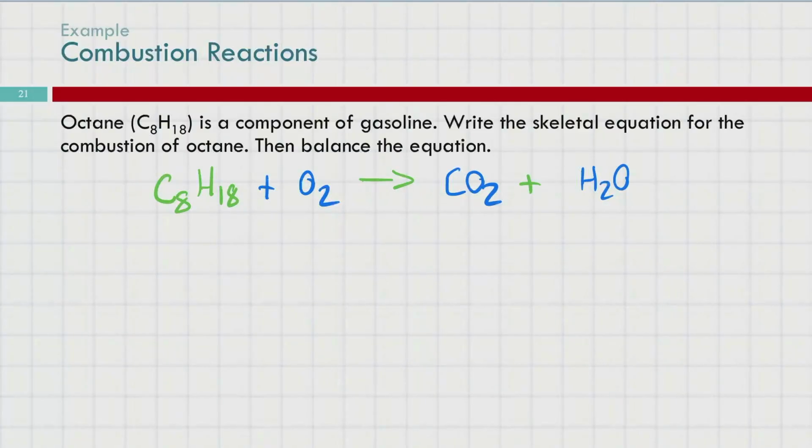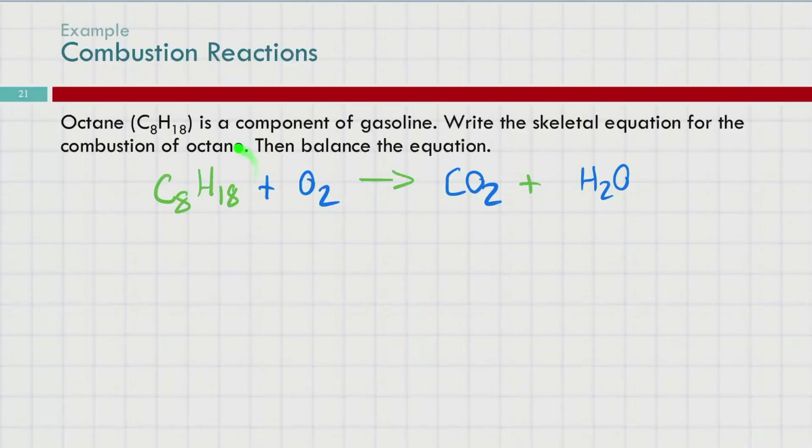And then we would have to balance it. The way that this type of problem might show up on an exam, I think I've given something like this before. The problem tells you that it's a combustion reaction. It tells you what the fuel source is, and then you're asked for the coefficients on them.